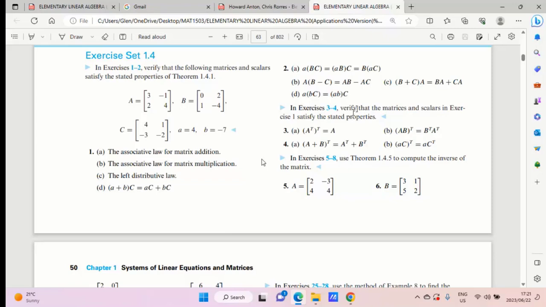Are you in agreement? Yes, we are. Let's see the entries. My entries are minus 34 and minus 21 for the first row, and the second row is 4 and minus 20.